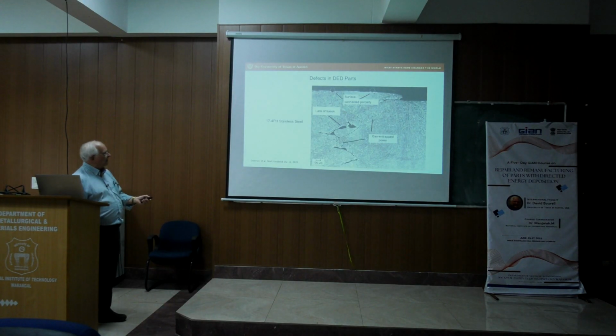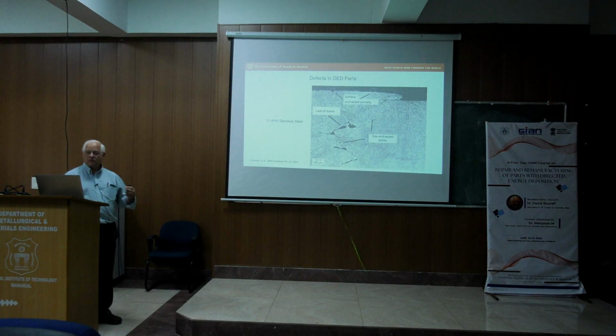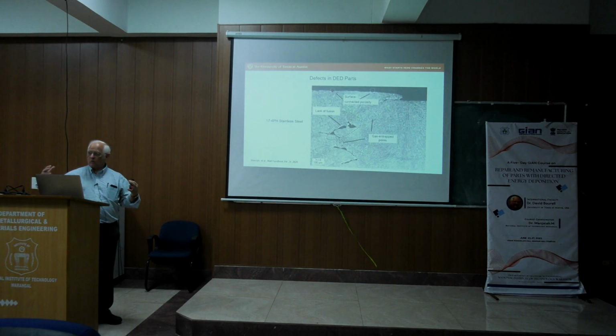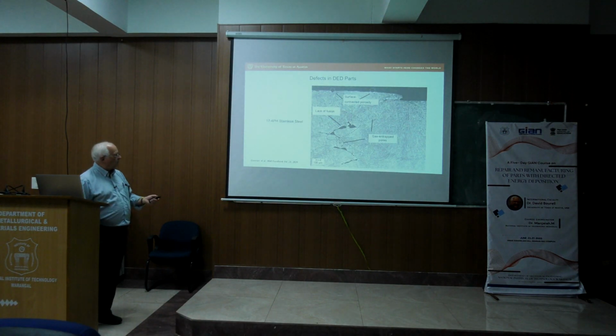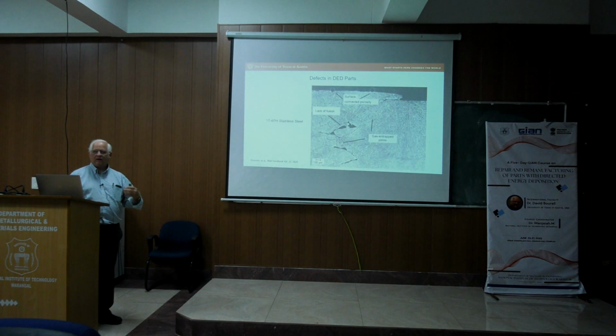So anyways, here we are. This shows some of the defects. It shows the surface connected porosity up here. Lack of fusion typically shows up on micrographs as these very large, irregularly shaped pores. And then they have these S-shaped pores, which I interpret to probably be feedstock porosity.